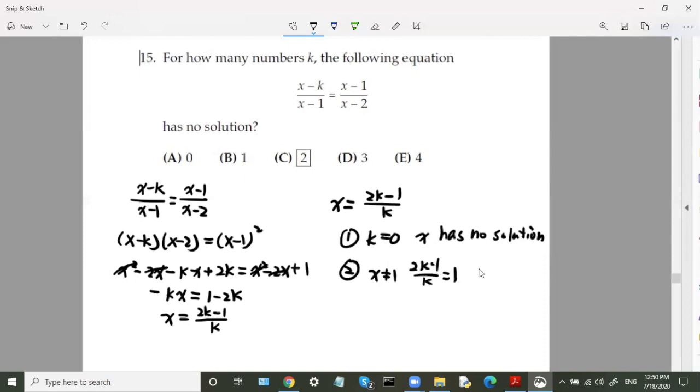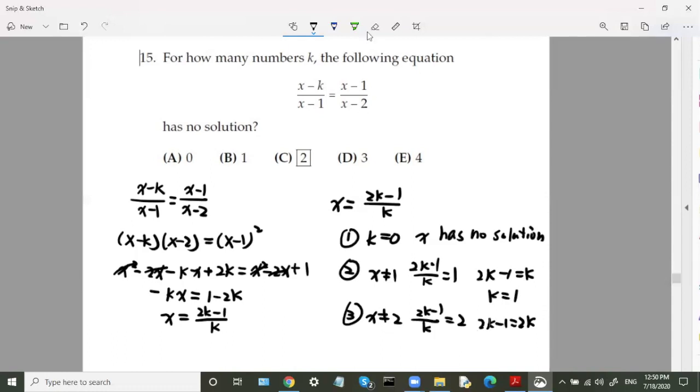Okay, so we solve that: 2k − 1 equals k, then k equals 1. Then k equals 1 has no solution. Number 3, also x cannot equal 2. So (2k − 1)/k equals 2, so 2k − 1 equals 2k. For this equation, k itself has no solution, so we don't need to consider this choice.